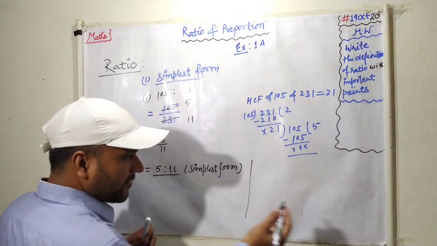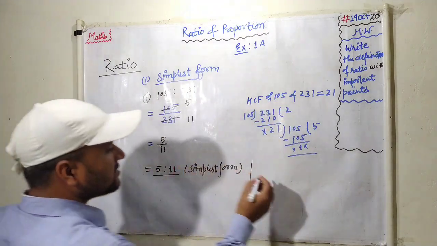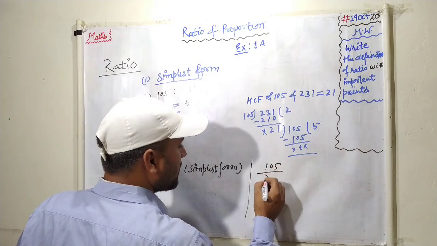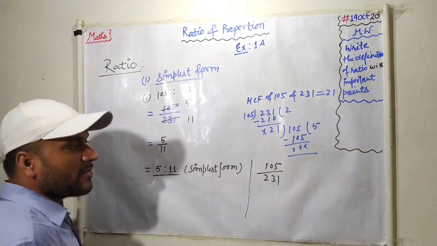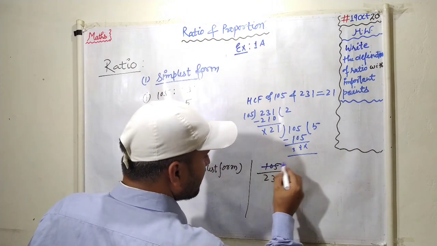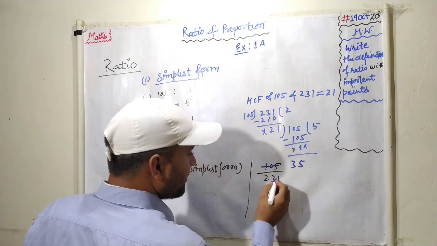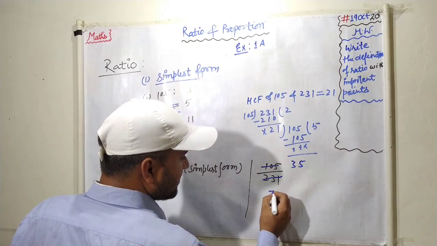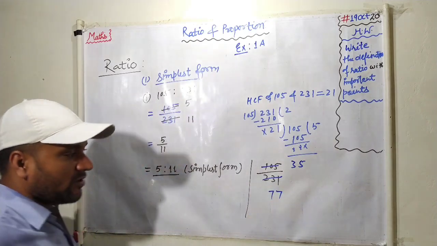There is one more method, I told you earlier, students. 105 upon 231, both are cancelled by 3. You will cancel with 3: 3 3s are 9, 3 5s are 15, 3 7s are 21, 3 7s are 21.